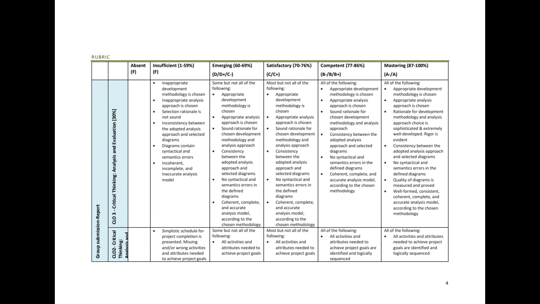If you want to get an A, you will have to have an appropriate development methodology, appropriate analysis, rationale for the development methodology, and consistency between the adapted analysis, and be well-formed, consistent, and coherent. So really, if you want to get an A, you have to prove it. You have to earn it.